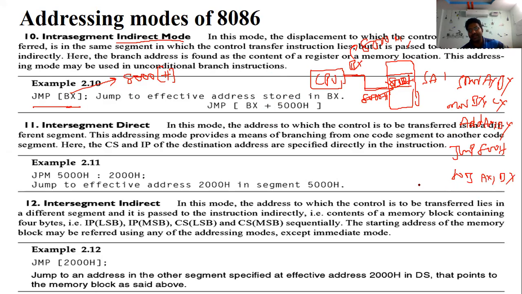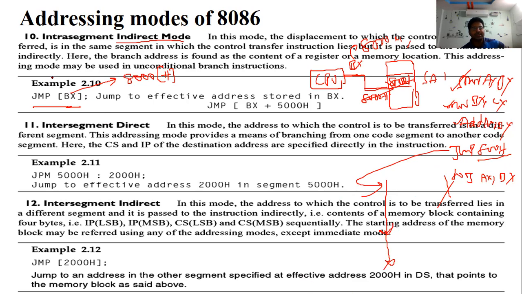Suppose you write the program like this. The microprocessor executes the first, second and third instructions. But whenever you give this address, the microprocessor goes to that memory location and starts executing the program from there onwards. The next instruction is not executed.